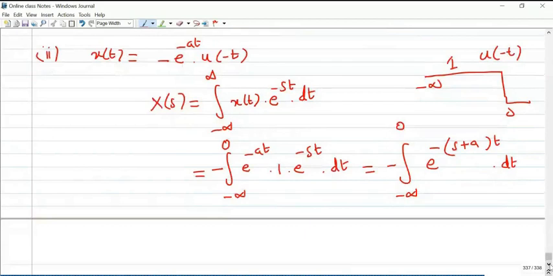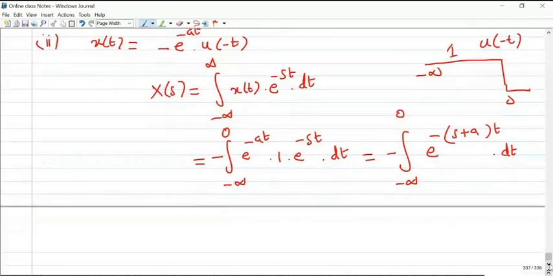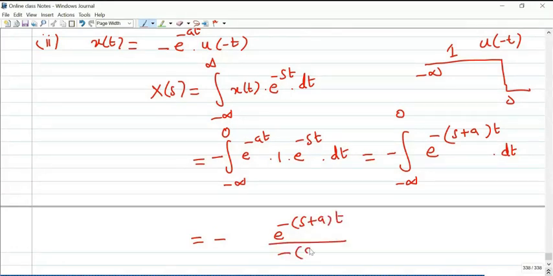You can change your integration limit to 0 to infinite and then check, or directly you can check, no issue here. So e power minus s plus a t divided by minus s plus a. Integration result. Now substitute minus infinite to 0.